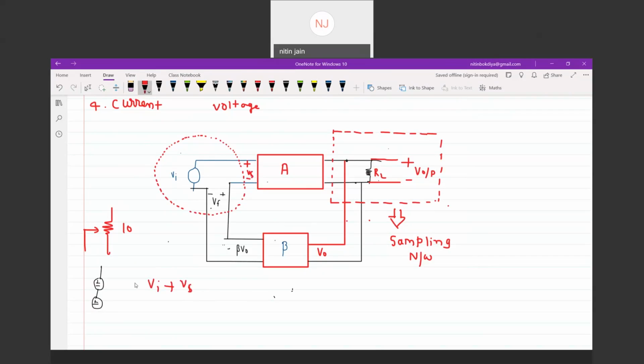So whatever the amplifier will get is Vs minus Vf. So this network is a mixing network.